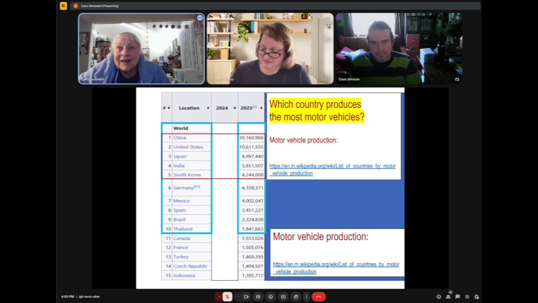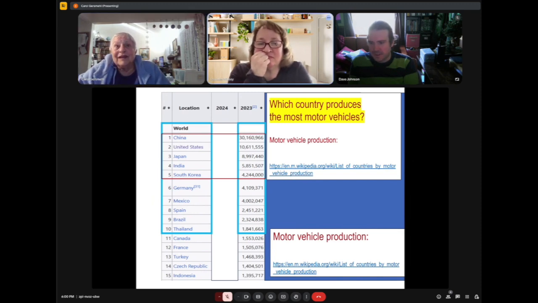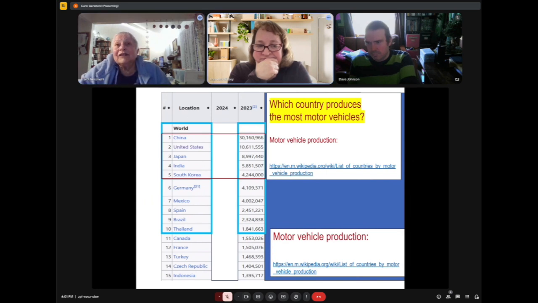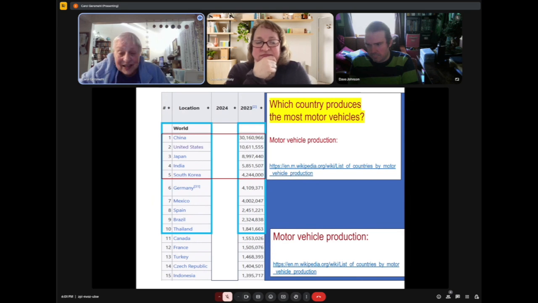China produced 30 million vehicles. United States, more than 10 million. But look who else is high. Japan, India, South Korea. This is really impressive. The United States is right up there, but China is gangbusters.